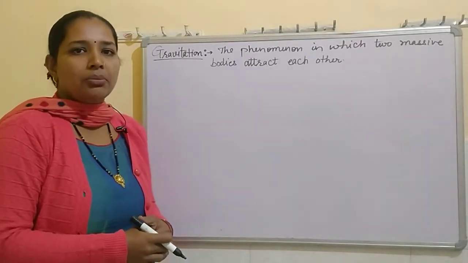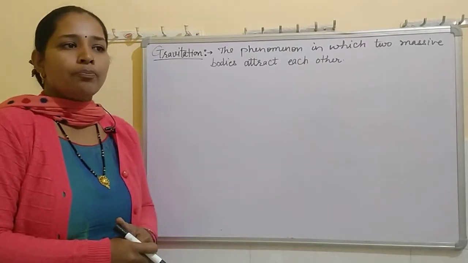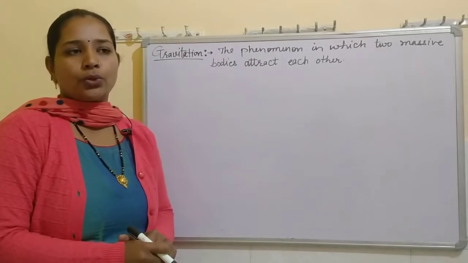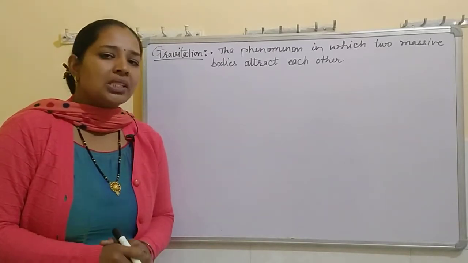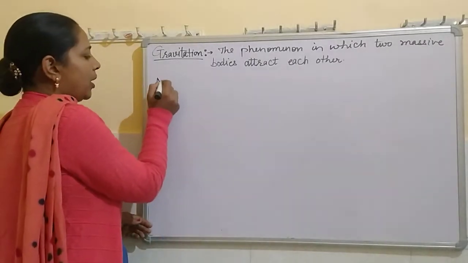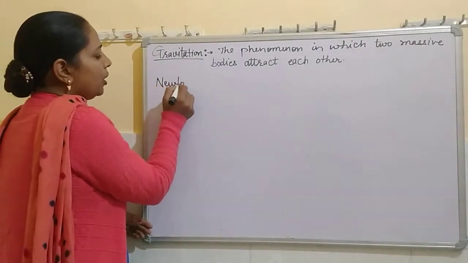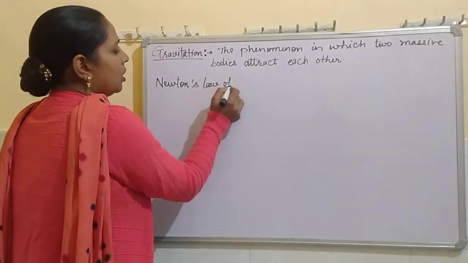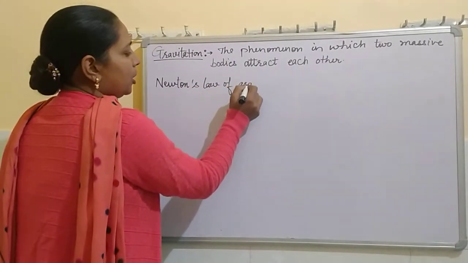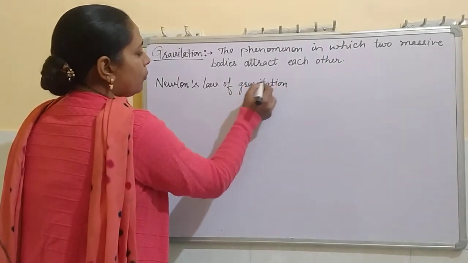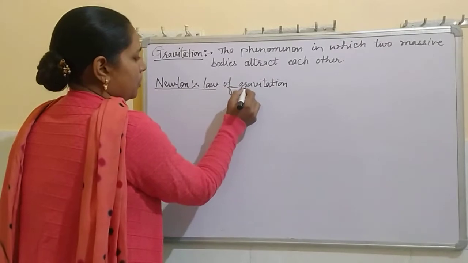How we can measure this gravitation, or how we can prove that there exists an attractive force? For that, Newton suggests a law named Newton's law of gravitation. According to this law, Newton gave a mathematical relation to calculate the gravitational force between two bodies.